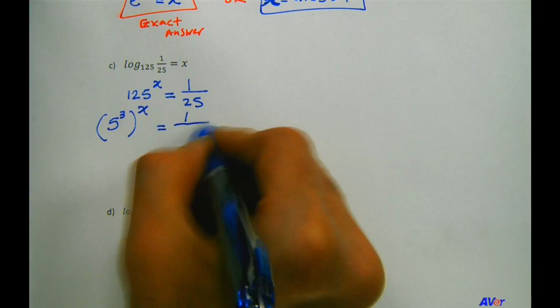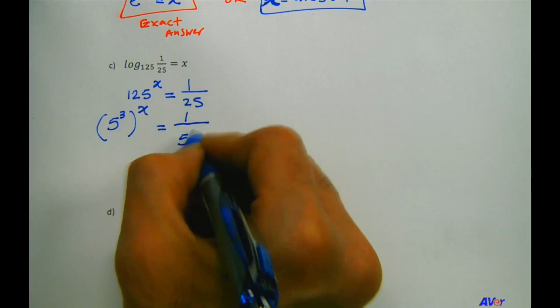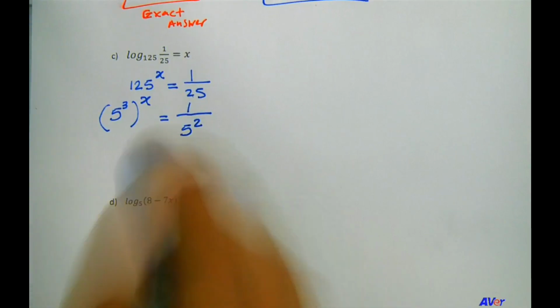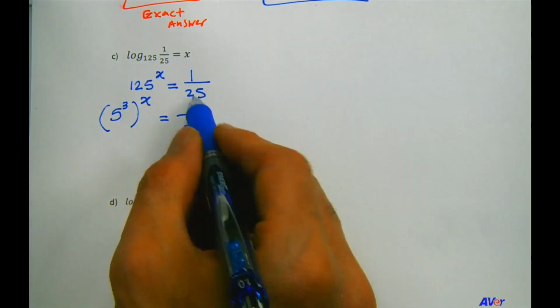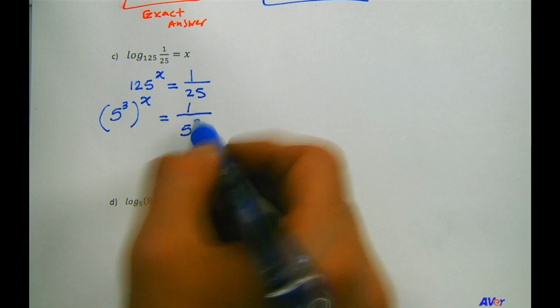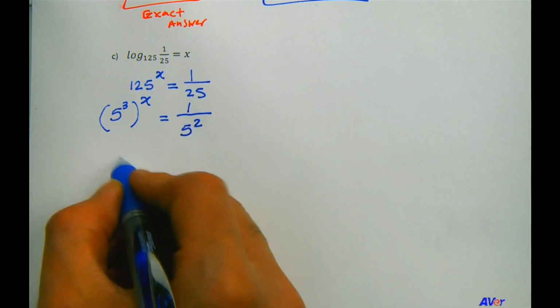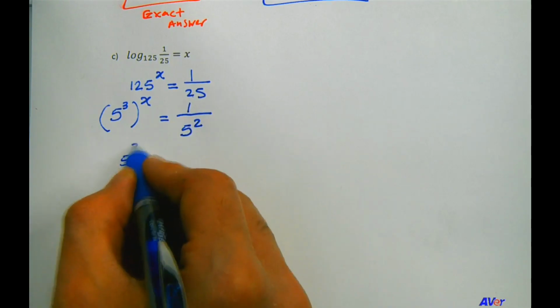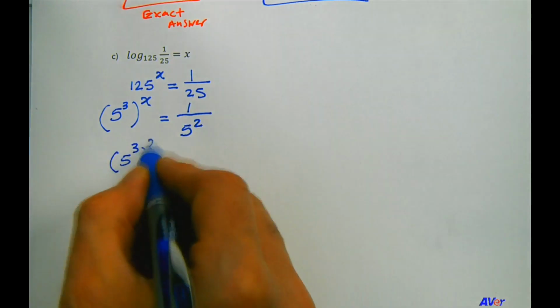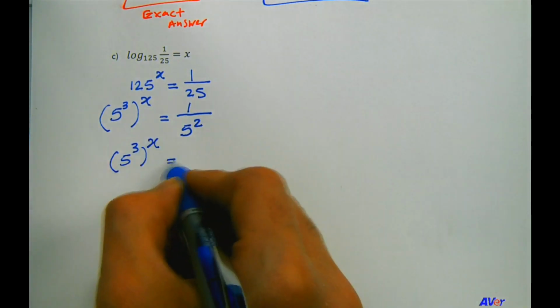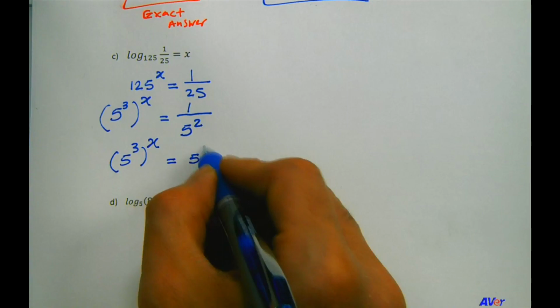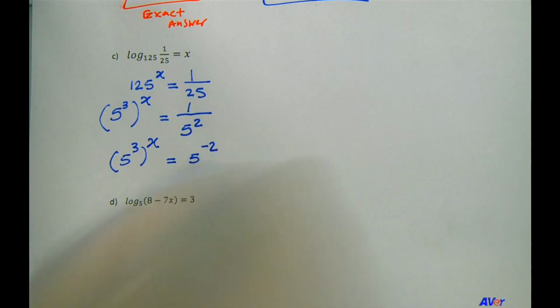How about 1 over 25? Well, 1 over 25 can be written as 1 over 5 squared. And then we can move this up and make this power negative, right? So keeping the left for now the same, 5 cubed to x power equals 5 to -2 power, right?